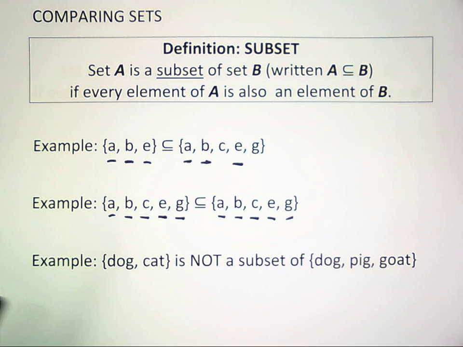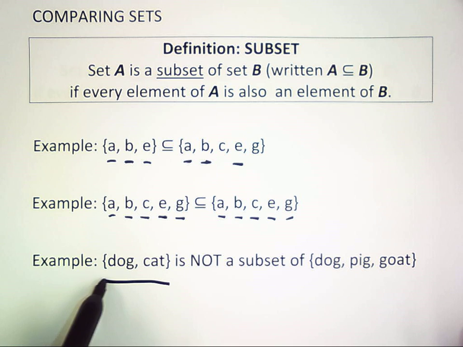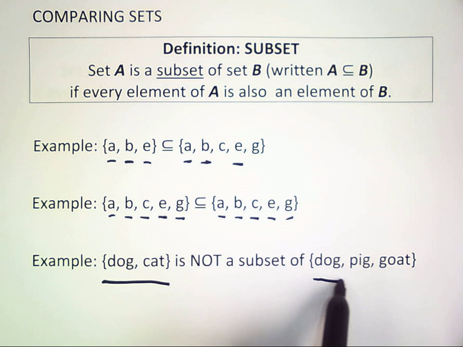Two things that aren't subsets, one's not a subset of the other, would be, for example, if you had the set, which we might be playing the role of A, whose elements are dog and cat, and you have the set that's playing the role of B, which has elements dog, pig, and goat.